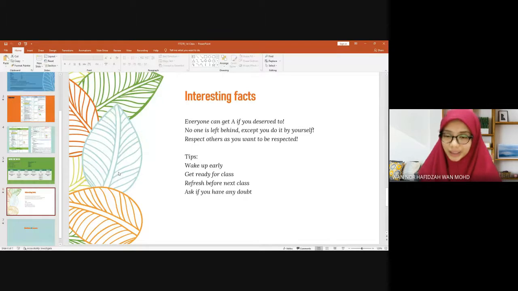If you have any task to be submitted, then you submit. If you have group work, don't be a sleeping partner. The tips to get that are: wake up early, get ready for class, refresh before the next class, and ask if you have any doubt. So, can you do it? Yes, madam. Okay, very easy.